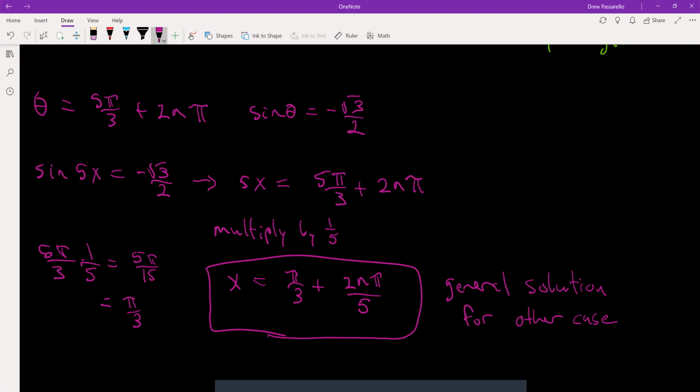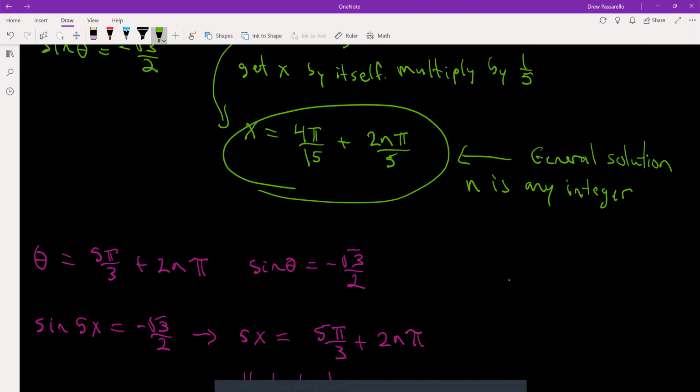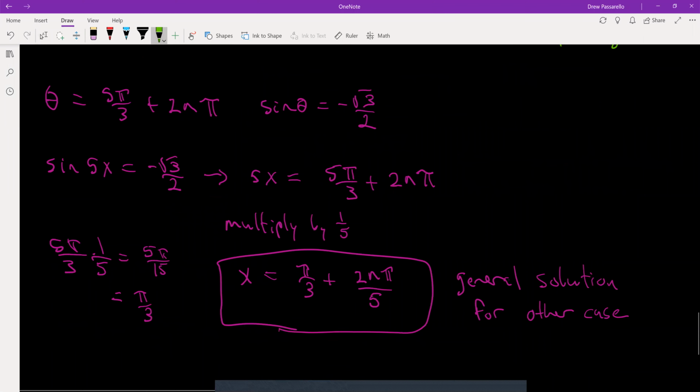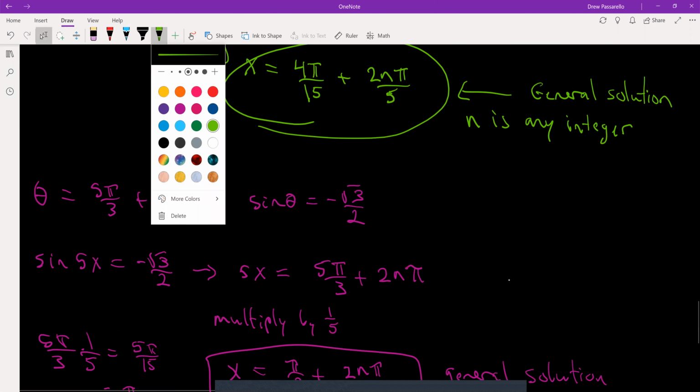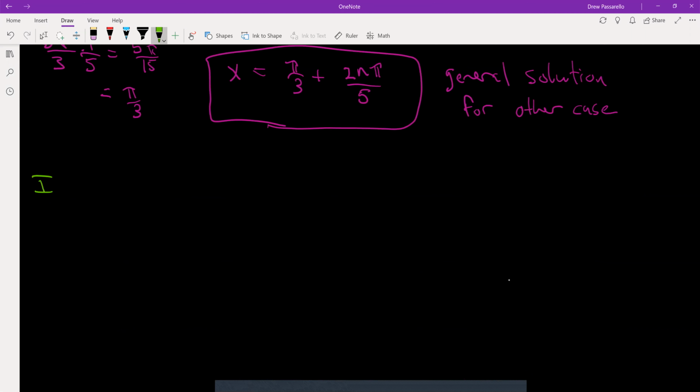All right, and then we had this one, that case. So combining these two together, so in general, we had the first thing we started out with: 2 times sine of 5x equal to negative square root of 3.